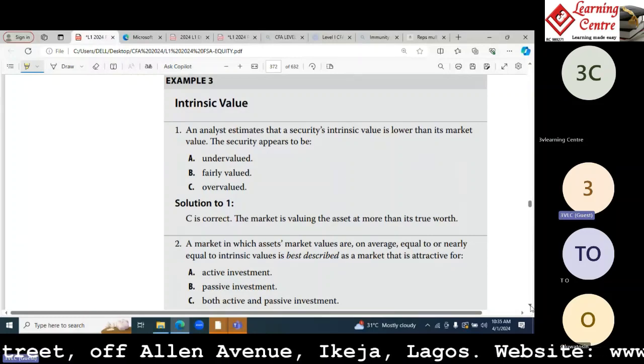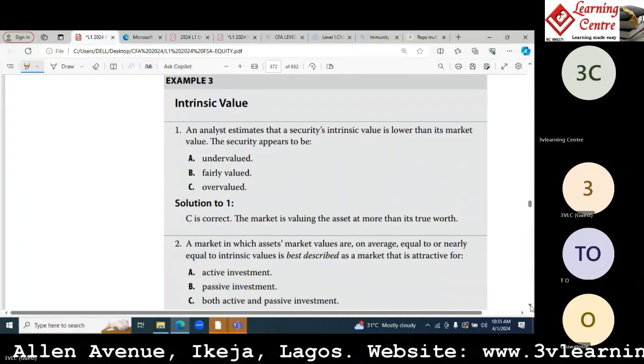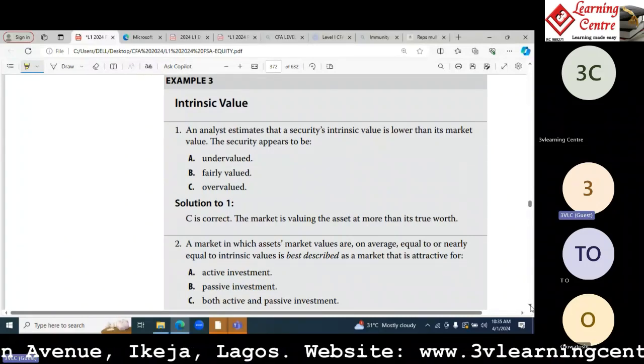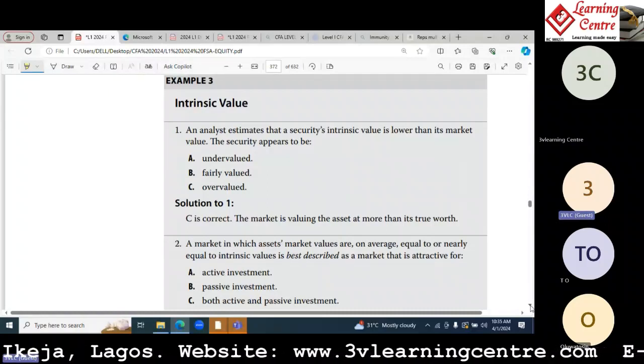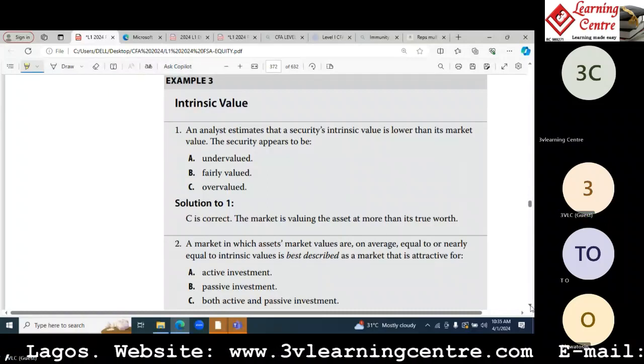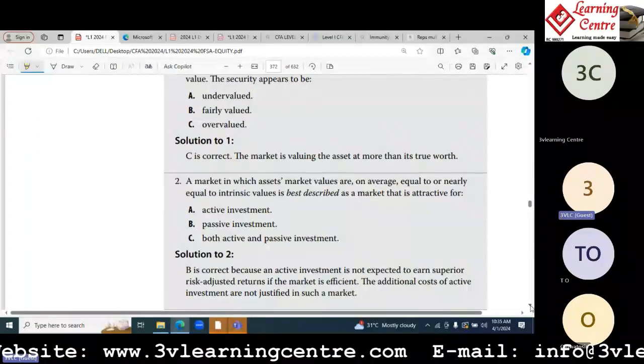Remember, passive investors like efficient markets, while inefficient markets are liked by active investors. So the answer to this is B.